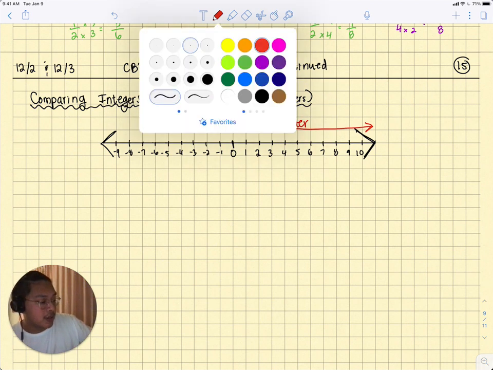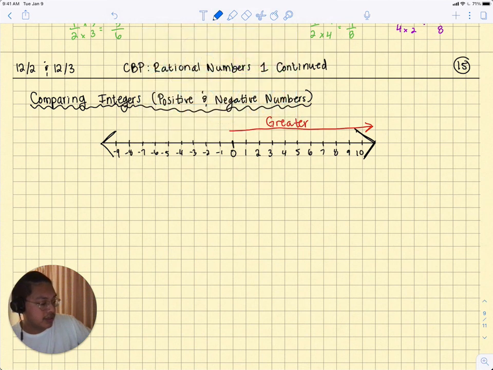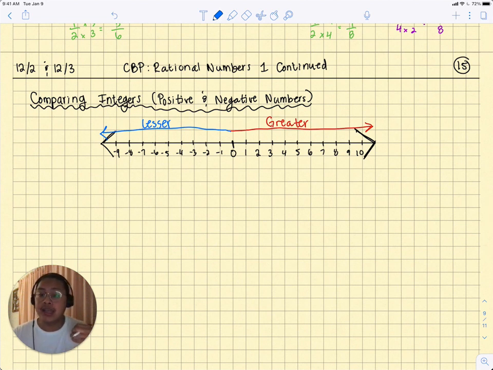If your number is further along the left side of the number line, then your value becomes lesser. Or we could say the further right you are, the bigger you are. The further left you are, the smaller you are. Okay, so let's take a look at some examples here.